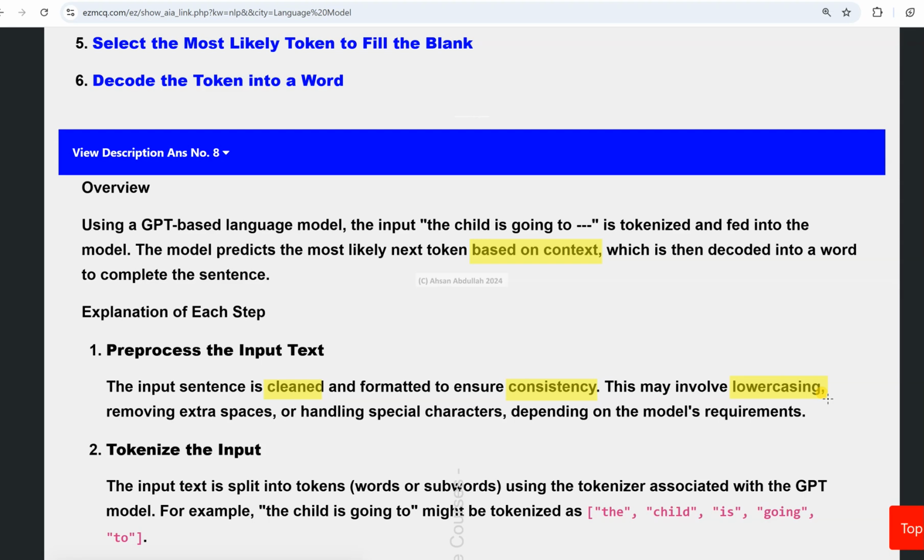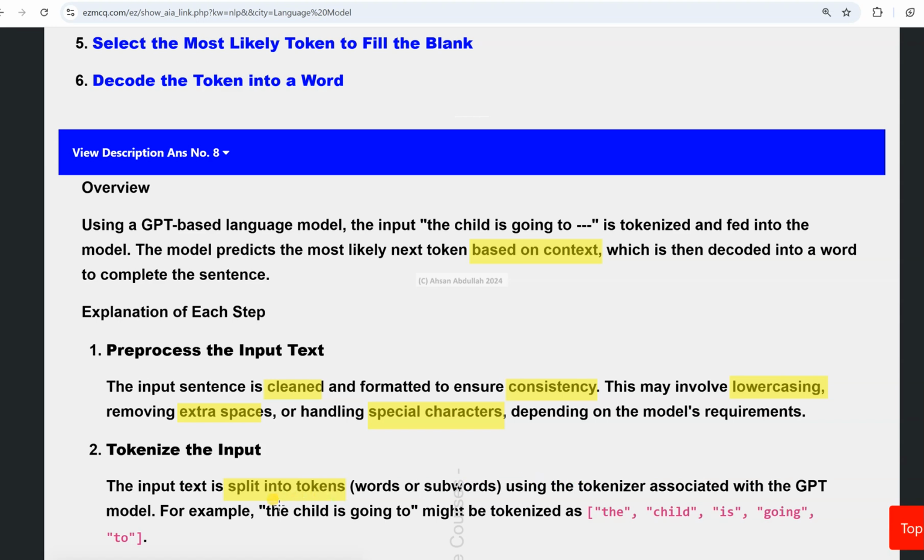And if it's Apple with a capital A and I lowercase it to apple, different meaning altogether. Removing extra spaces has its own issues which we have already discussed in pre-processing. Handling special characters, which may indicate emotions and so on. So we do all of this, and then we do the tokenization. We split the sentence into tokens, and tokenization has its own issues which we already discussed.